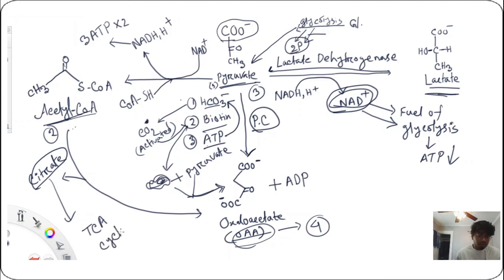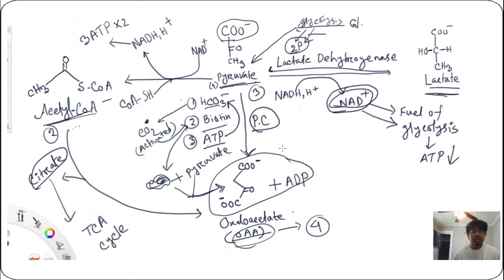I want to inform you that pyruvate will produce one of them, acetyl-CoA or oxaloacetate. Usually it will produce acetyl-CoA because pyruvate is produced in the cytoplasm and oxaloacetate is in the mitochondria.